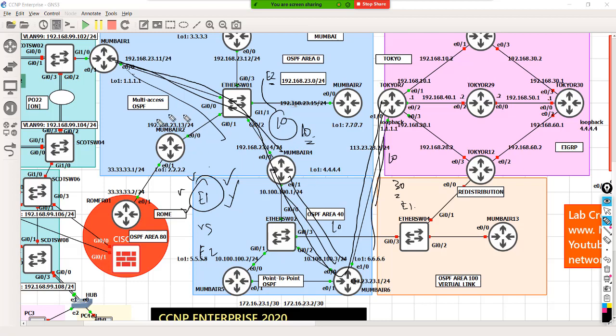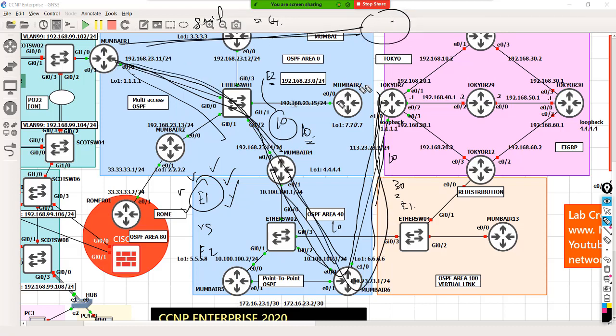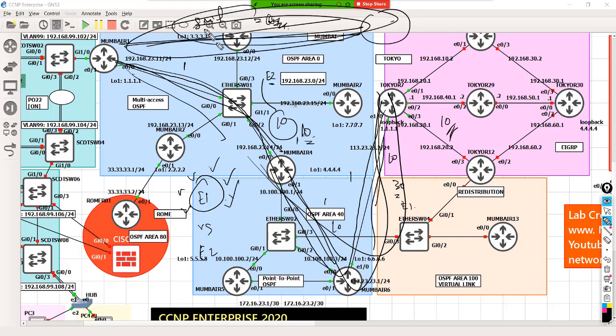As I told you, if there is a single serial link which has a cost of 64, whereas on the other path, even with 4 or 5 hops of Fast Ethernet or Gigabit Ethernet, the cost is just 1 each. So even if you have 10 hops, it's just a cost of 10. One serial link is going to be 64. By default, E2 will take the serial link, but E1 is going to take the other path. So that's how it works.